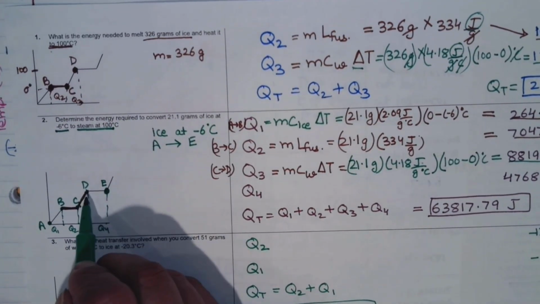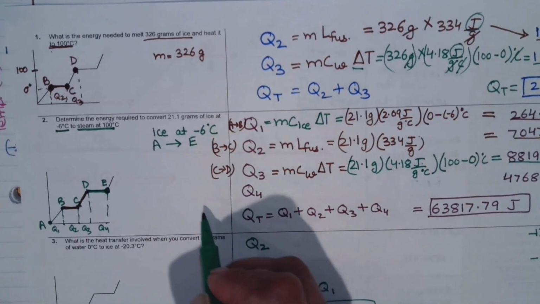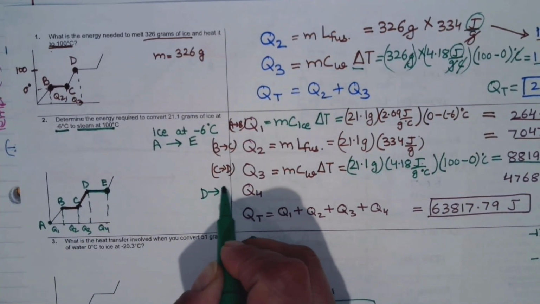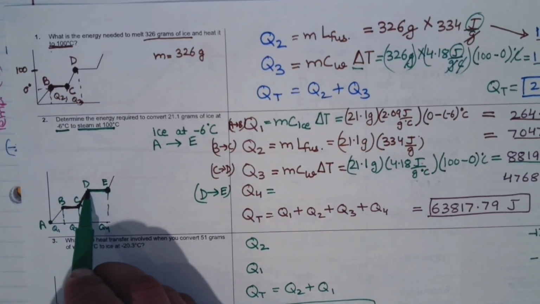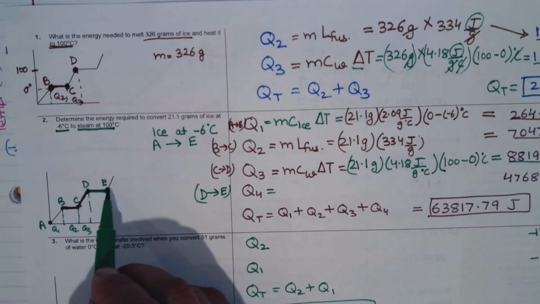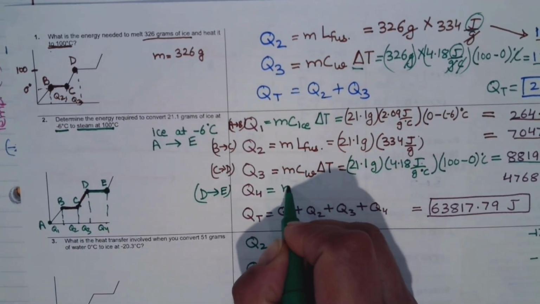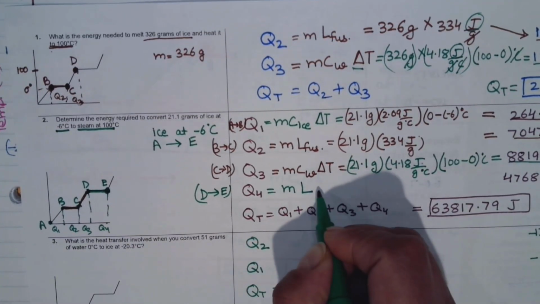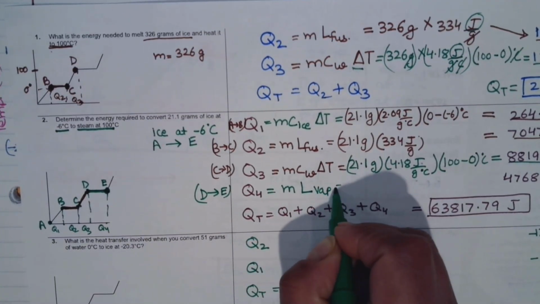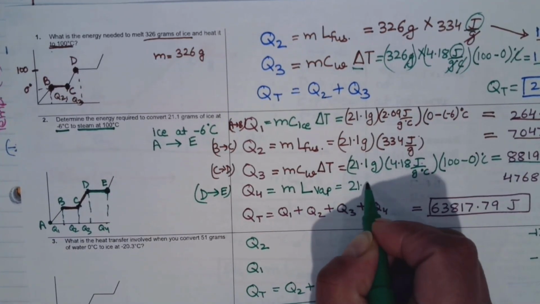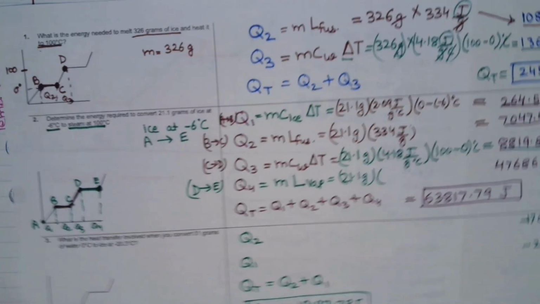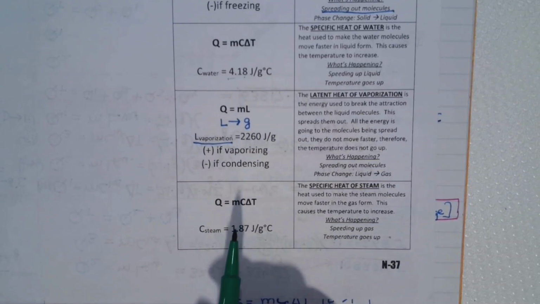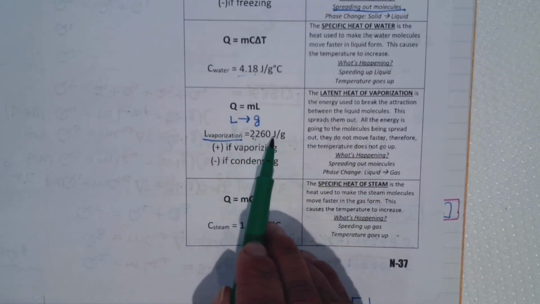Now again we are at the phase change, so D to E is a phase change, that is Q4. But since at D we have liquid water, we are going from liquid water to steam, right? So we have to use M times L of vaporization of water. So mass is 21.1 grams, and latent heat of vaporization of water is 2260 joules per gram.